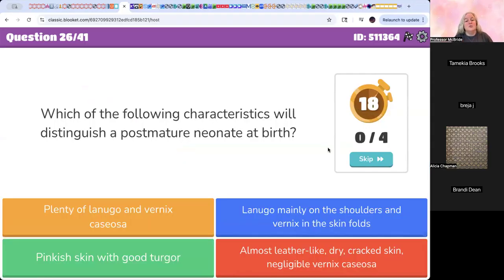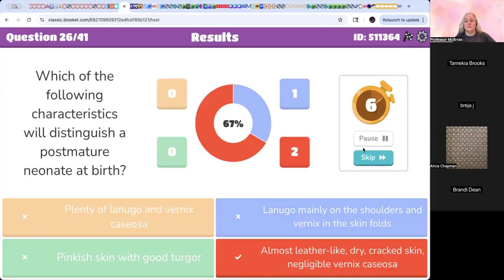Which of the following characteristics will distinguish a post-mature neonate at birth? Okay, post-mature is going to be like greater than 42 weeks.